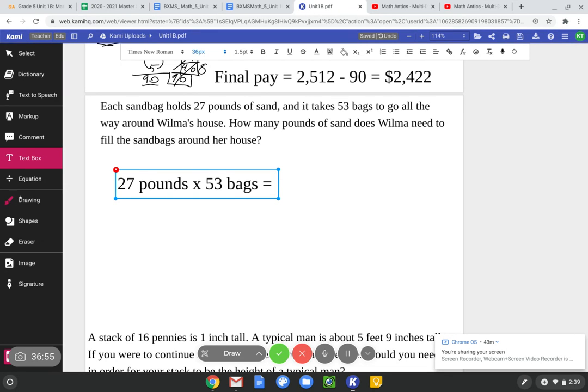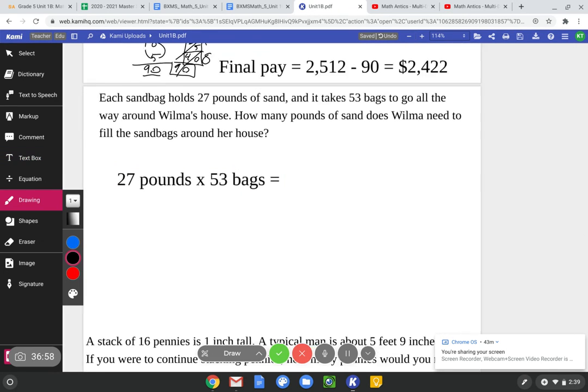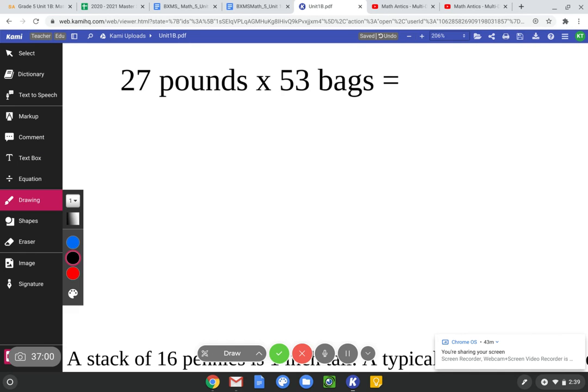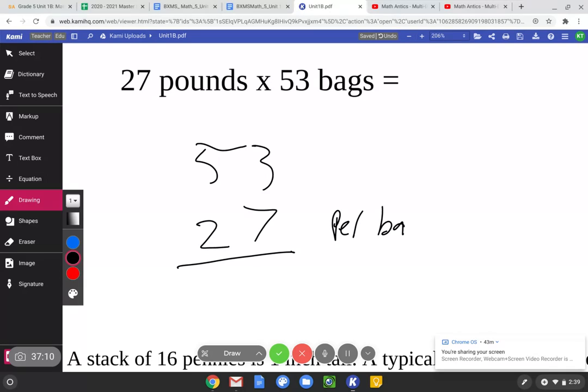So let's do the algorithm to figure out how many pounds of total sand she'll need. So she has 53 bags and 27 pounds per bag. And that's going to give us the total pounds of all the bags.